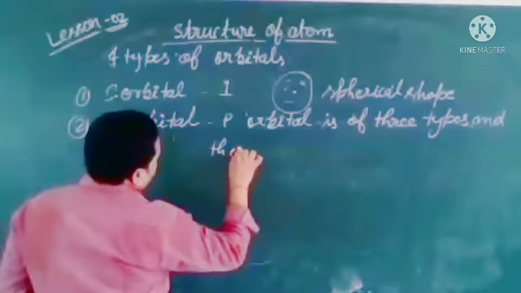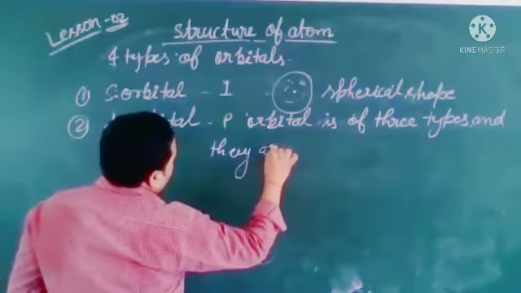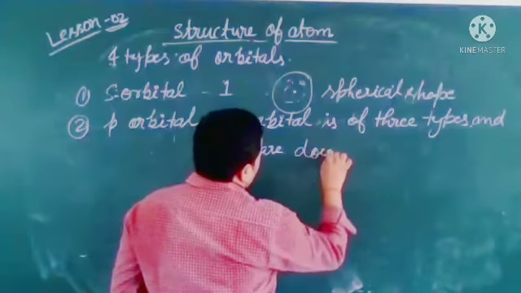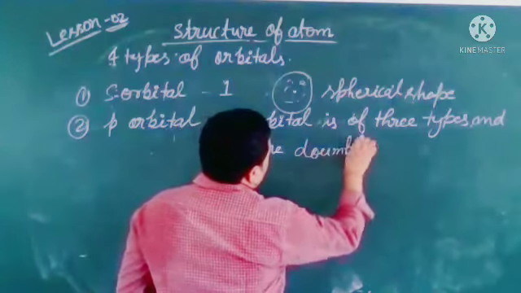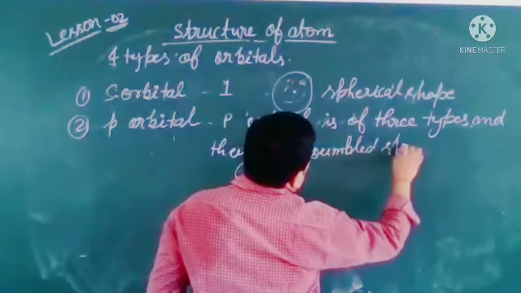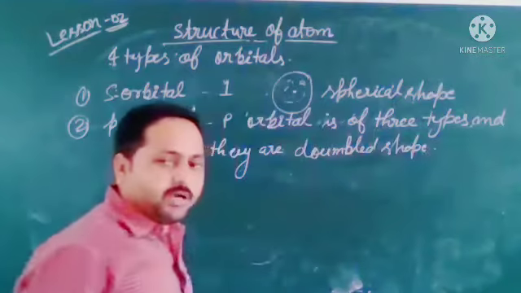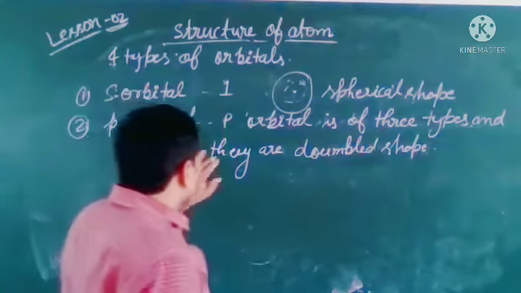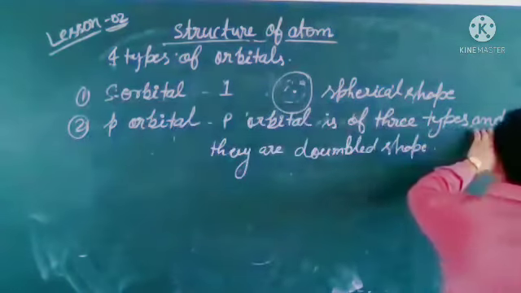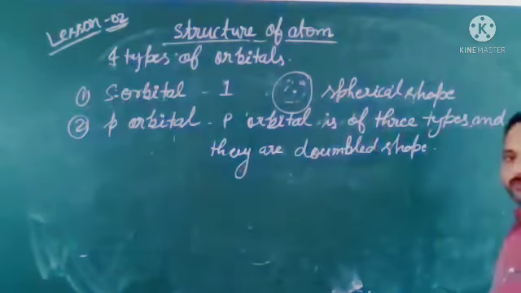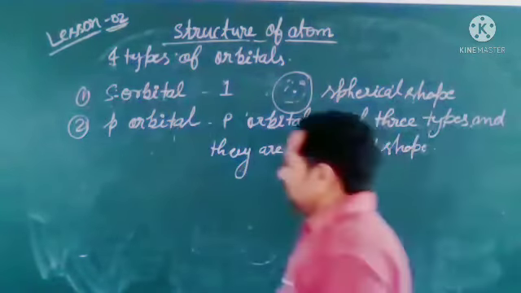They are dumbbell shaped. So what are they? What are the types? We divide them here.